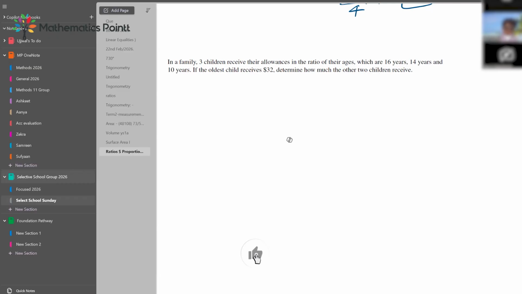So the three children are given allowances in the ratio of their ages, 16, 14, and 10. What's the simplified version of this? Now, ratios can also be three-step, right?